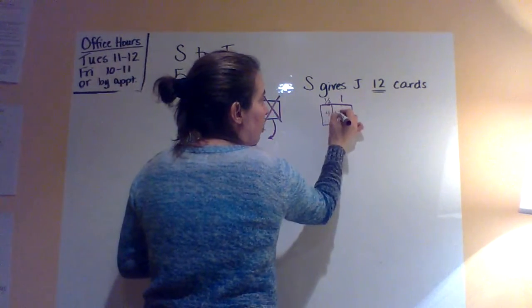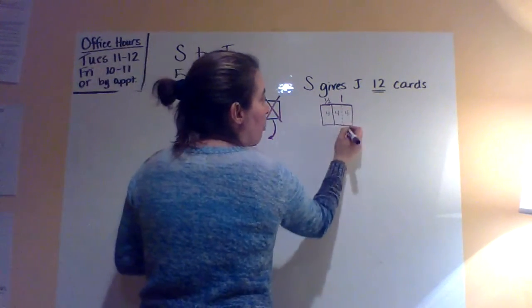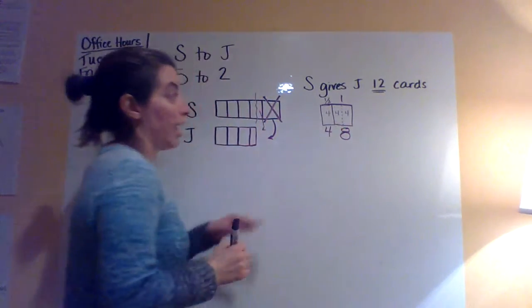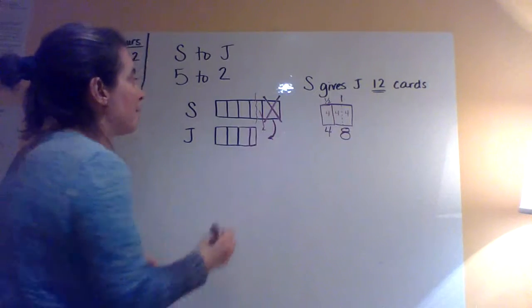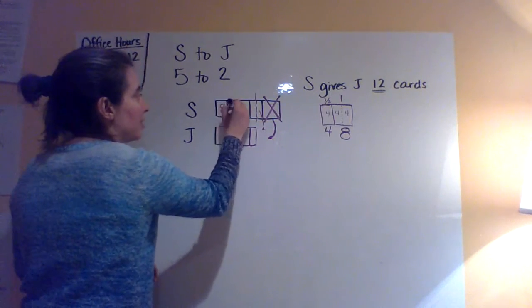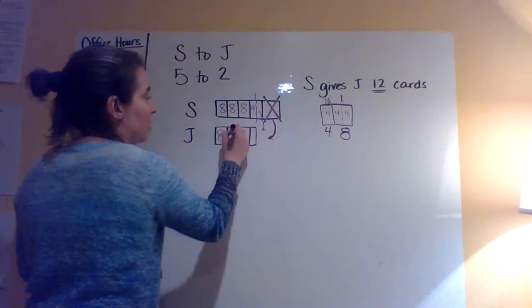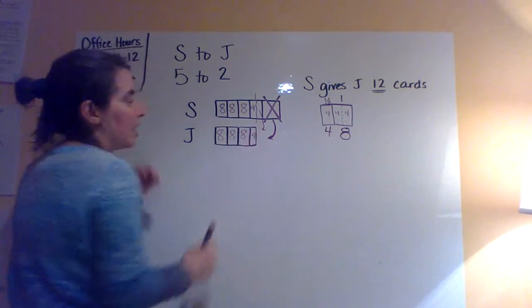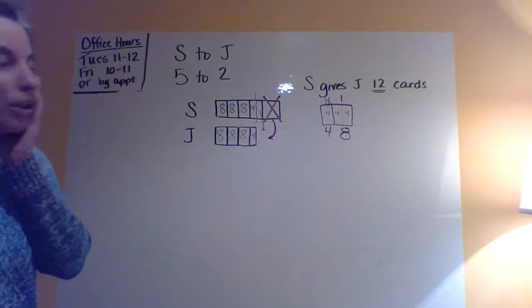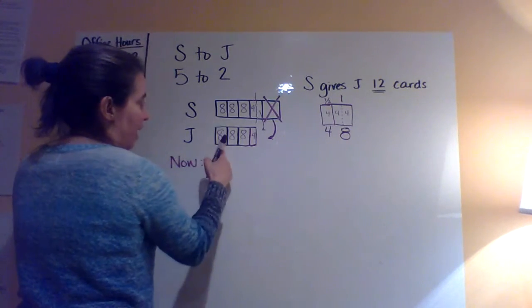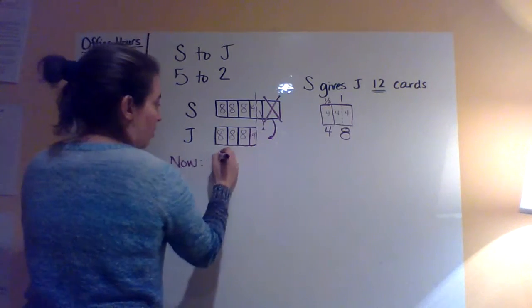Each of them would get 4. Okay, so the 1 part represents 8. The other part, half of that, is 4. That means each of these boxes is 8, so half a box is 4. So now they each have 8, 16, 24, and 4 is 28.